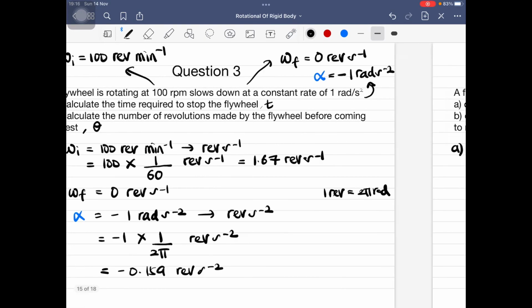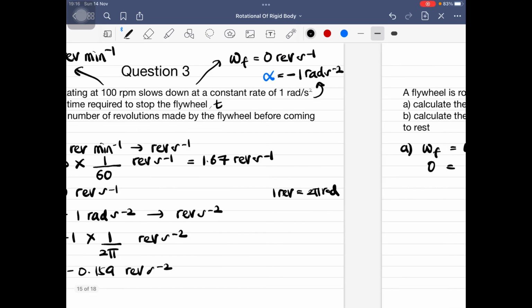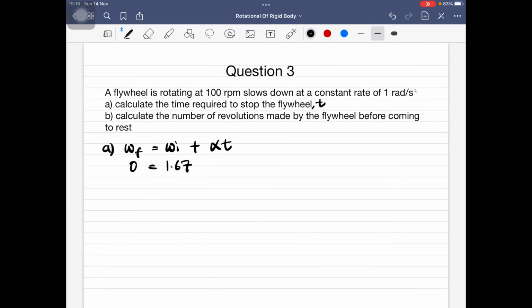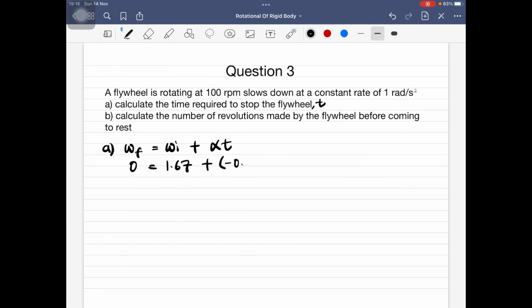Omega final is 0, omega initial in revolution per second is 1.67, plus your alpha, which is negative 0.159, times t.